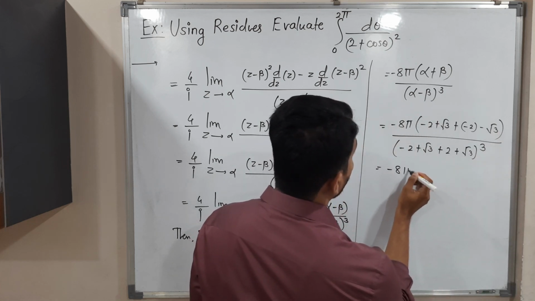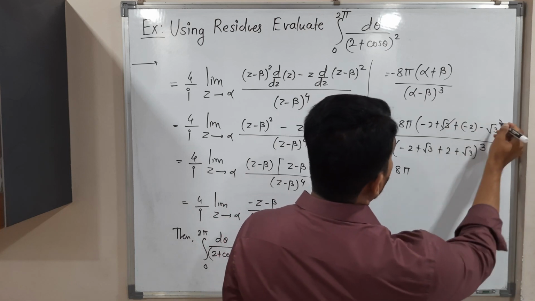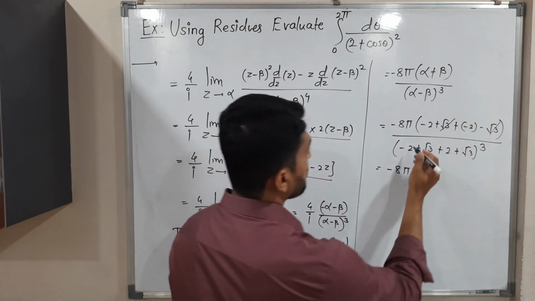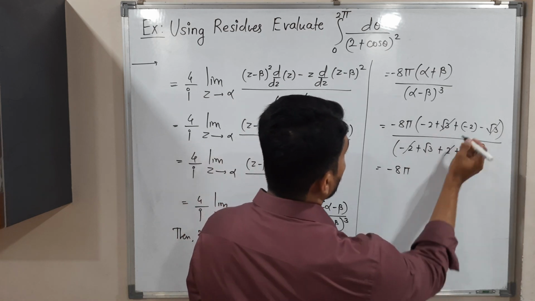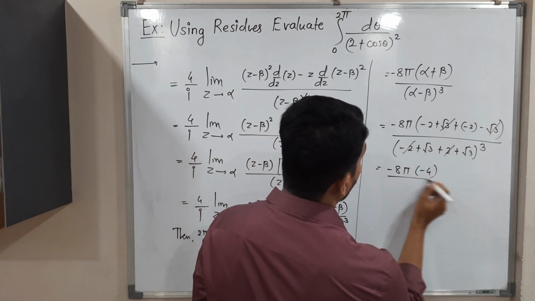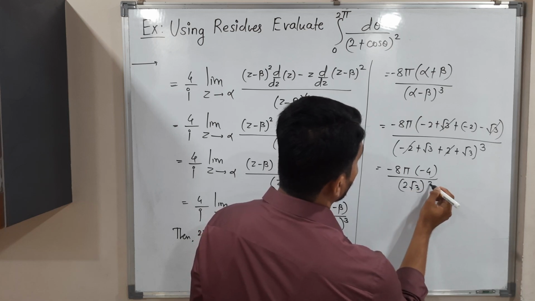So minus 8 pi, what can we cancel here? That root 3 minus root 3 will get cancelled. Here plus 2 minus 2 will get cancelled. So we get here minus 4 divided by (2 root 3) cube.